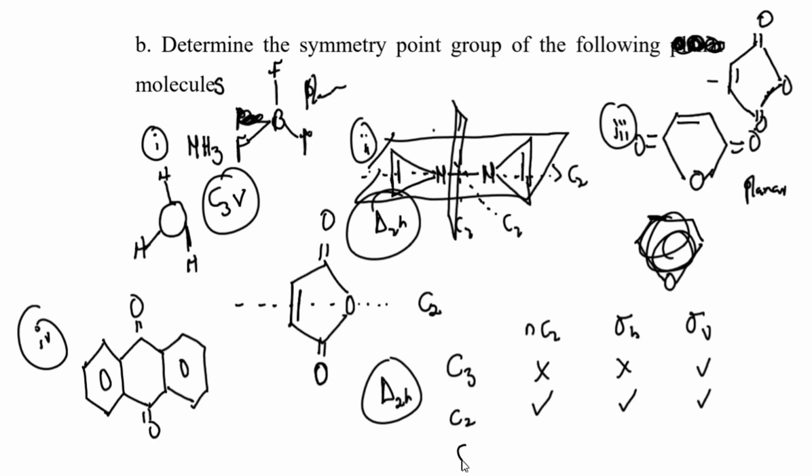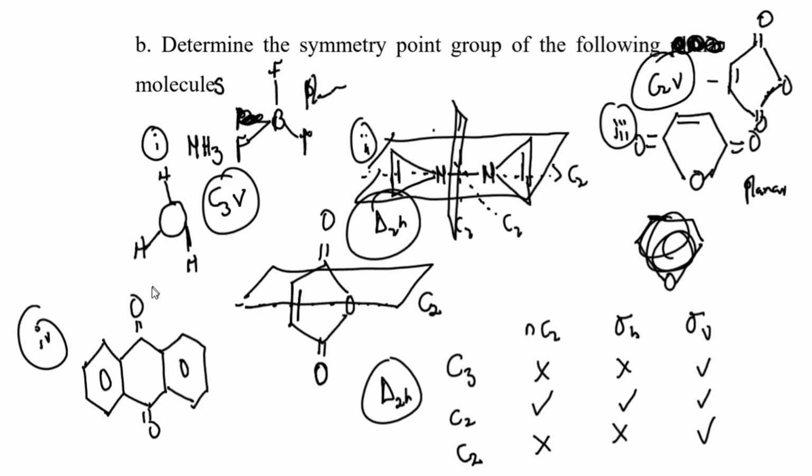So that is C2 there, the principal axis. So how many C2s can we have? There's no other C2. This is absent. So can we have sigma H? No, there's no perpendicular axis, mirror plane is absent. So let's look for sigma V. It's parallel to the principal axis, right? So this is present. So basically this is C2V as well.